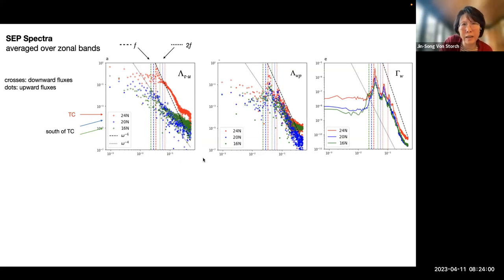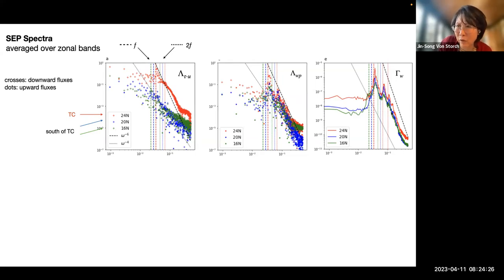So what you see is that under the tropical cyclone, you have much stronger input compared to south of that. And you then also have strong wave flux and strong energy in the vertical velocity.